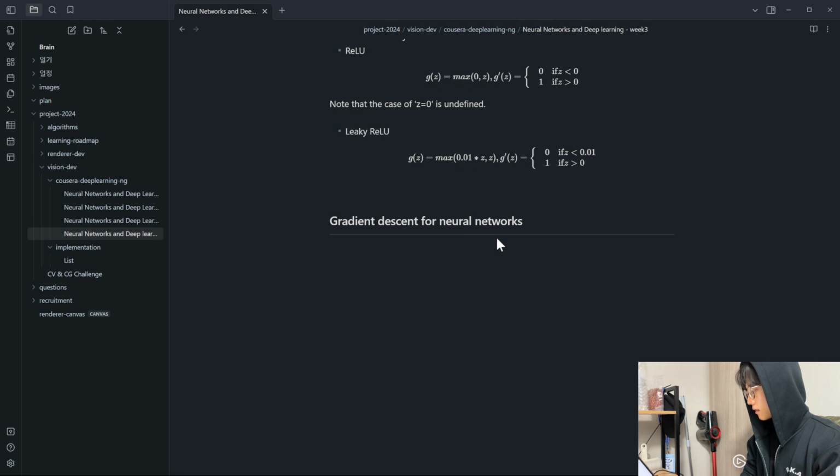And so as a reminder, if you have n0 input features and n1 hidden units and n2 output units, in our example so far I've only had n2 equals 1, then the matrix W1 will be n1 by n0. b1 will be an n1 dimensional vector, so you can write that as an n1 by 1 dimensional matrix, really a column vector.